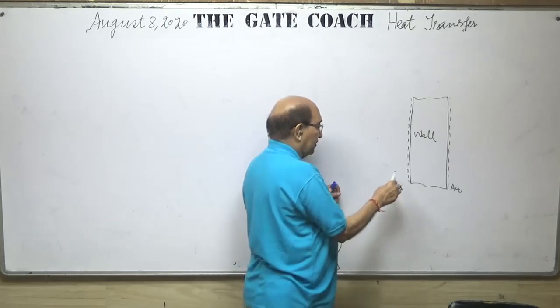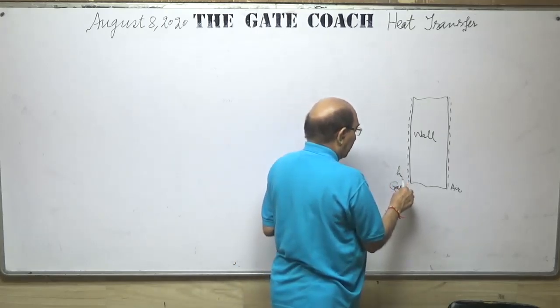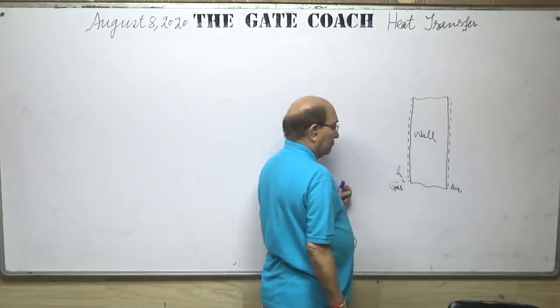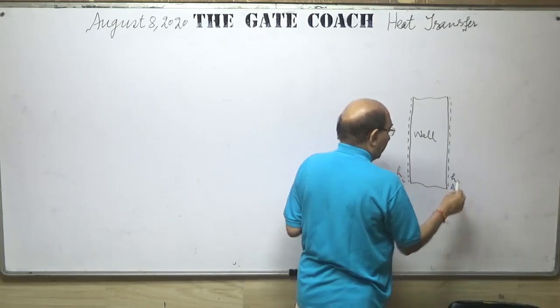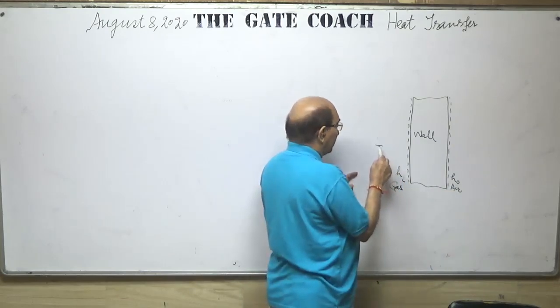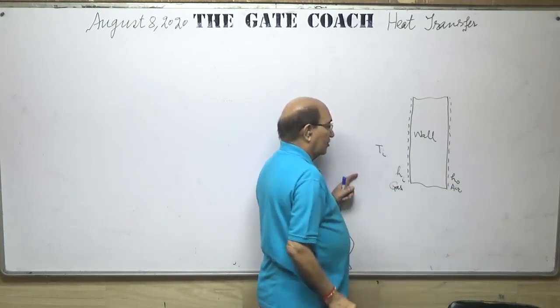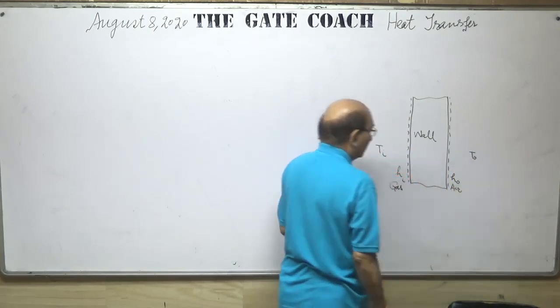For gas, the value of the heat transfer coefficient is Hi. On this side, it is for air Ho. This side the temperature is Ti. This side the temperature is To.